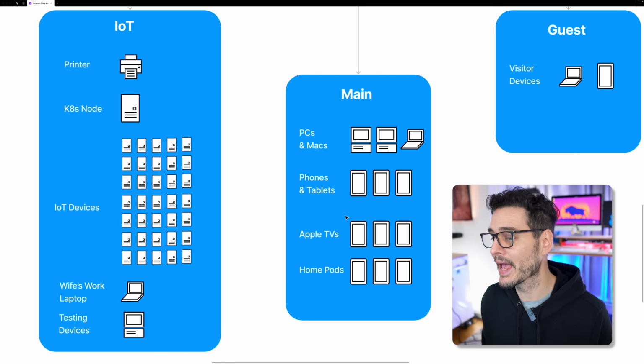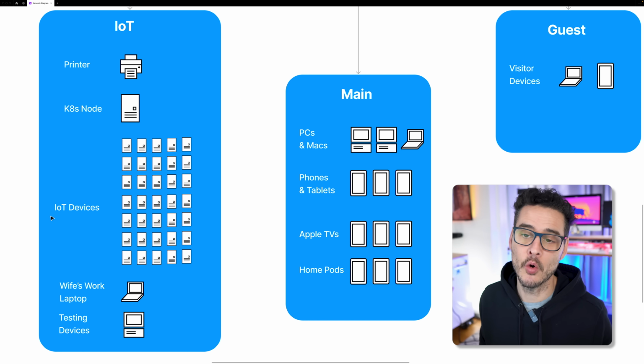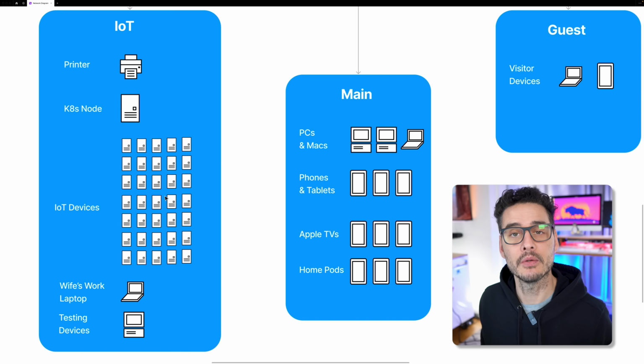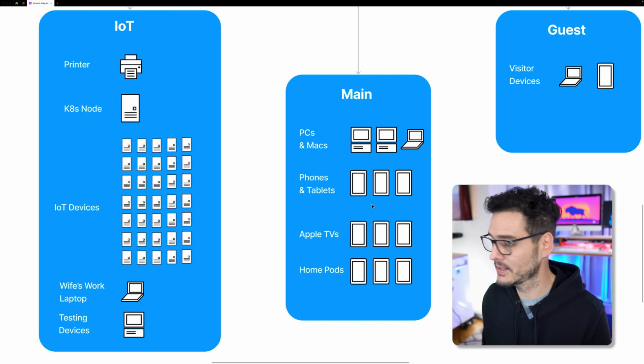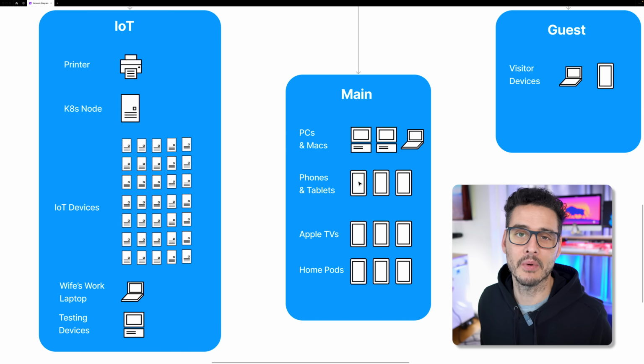Well, originally I had all of my phones and tablets and HomePods over on the IoT side, which made it easy to communicate with different devices on the IoT network, but not so easy to communicate with my PCs and everything else that's on my main network. I decided that I do trust Apple devices enough to put them on my main network.